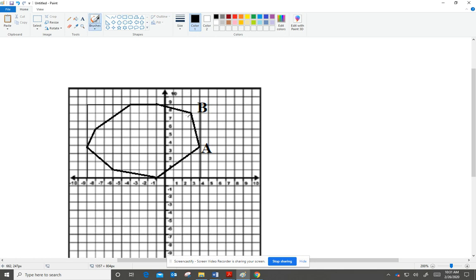Here's angle B, this big obtuse angle right here. I do have a right triangle here, and I also have a right triangle here.